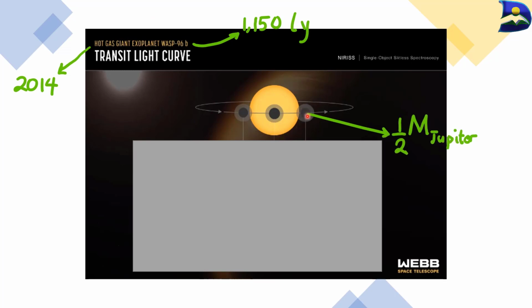As you see right over here, the mass of this planet is half the mass of Jupiter, and in terms of the orbit around the star, which is highlighted in yellow, the orbit here is 3.4 days. So let's look at this space to see what this telescope was able to reveal to us.